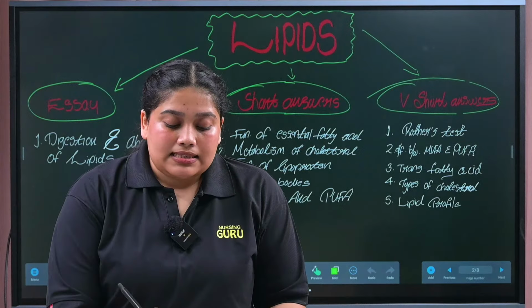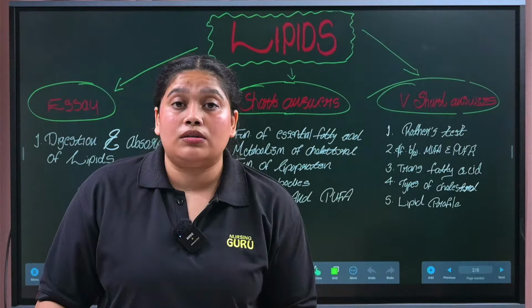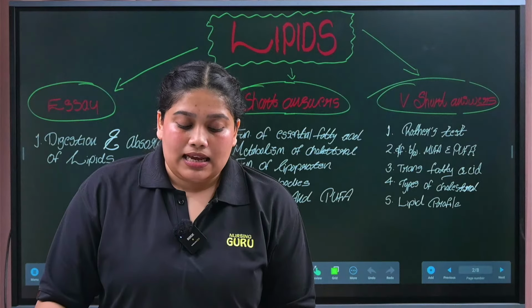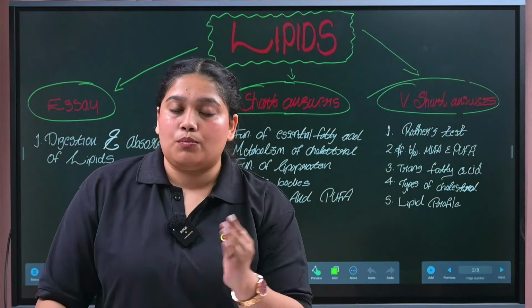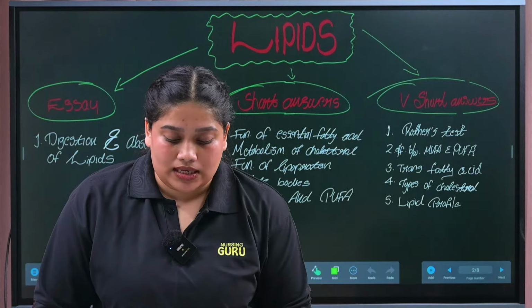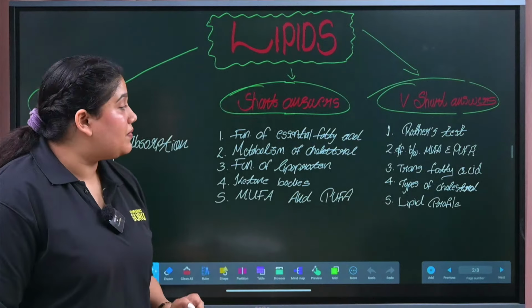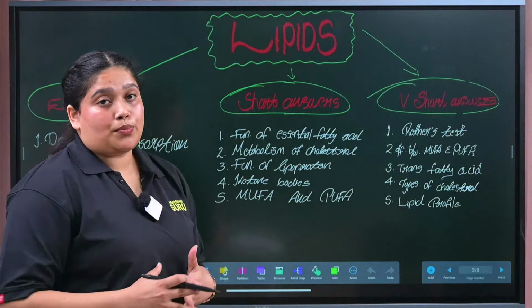So this is the metabolism. Clear? For the metabolism of cholesterol there are 2, the exogenous pathway and the endogenous pathway. Both these 2 pathways you have to elaborate for the short answer question. Clear?